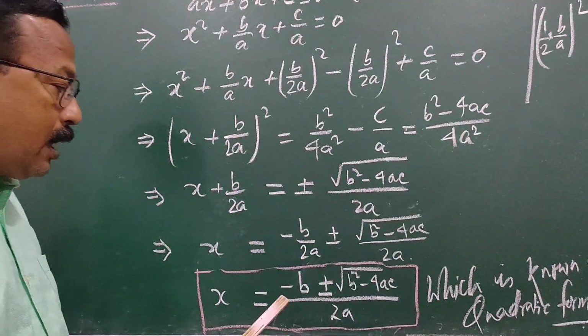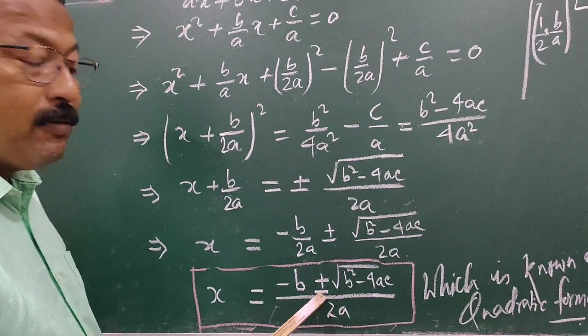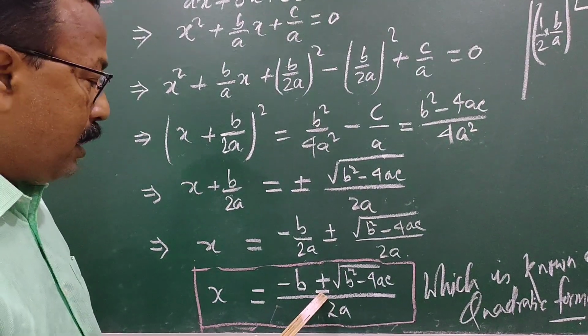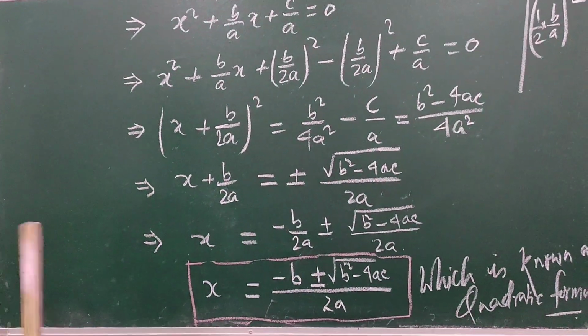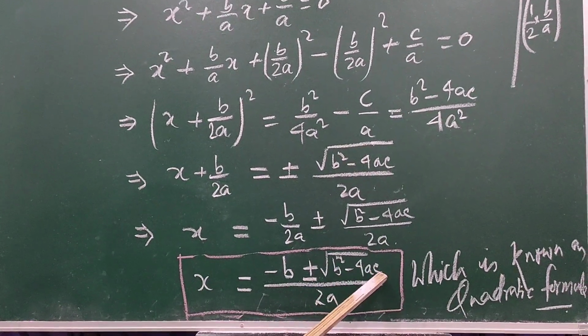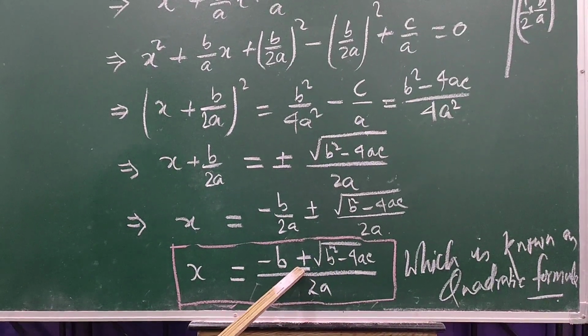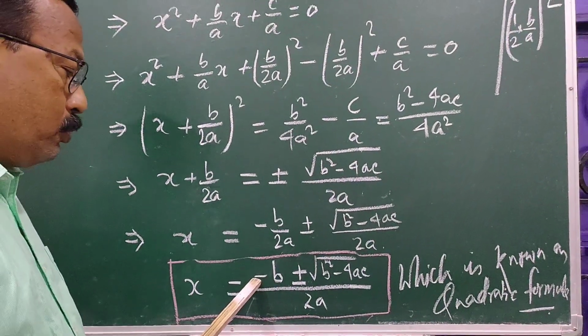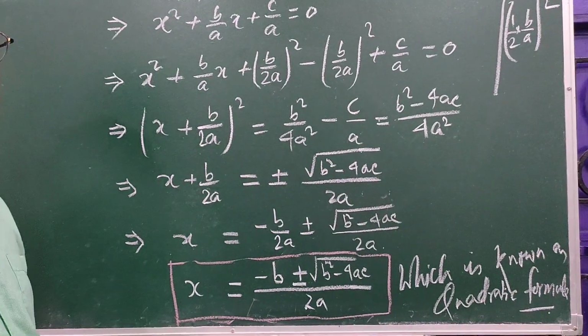The two roots are one with the positive sign and another with the negative sign. The first root is minus b plus under root b square minus 4ac by twice of a, and the second root is minus b minus under root b square minus 4ac by 2a.